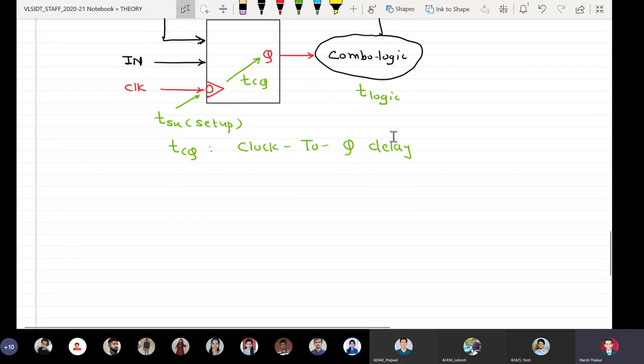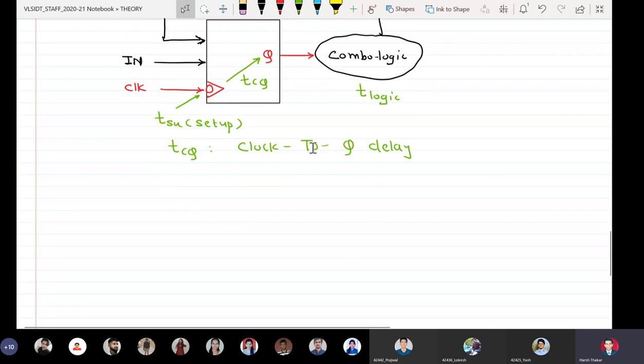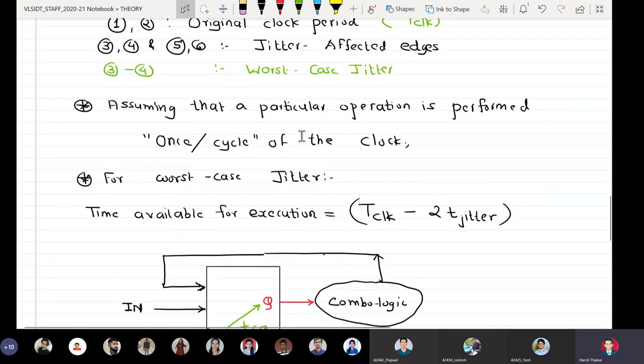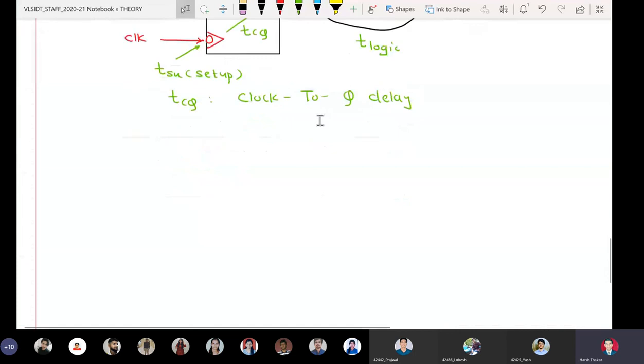T logic is the delay offered by the combinational logic, and there is setup delay also. Now the time available for execution is TCLK minus 2 times the jitter, and within this available time all the operations have to be performed.